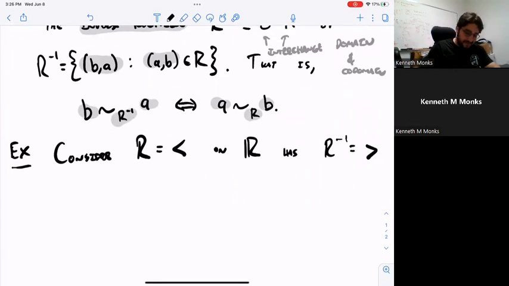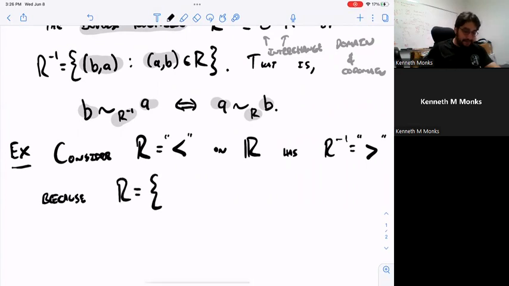So if R is the relation less than, then R inverse is the relation greater than, because R contains what kind of pairs? Any pair where the first number is less than the second number.